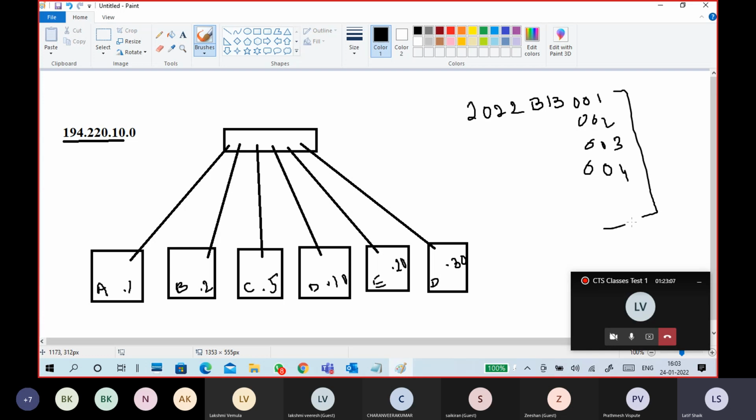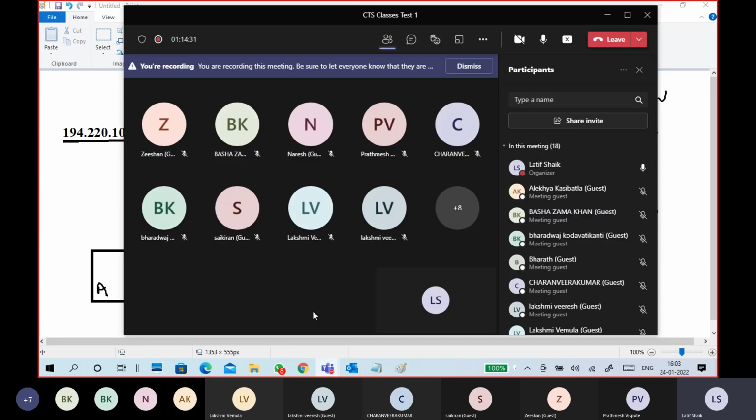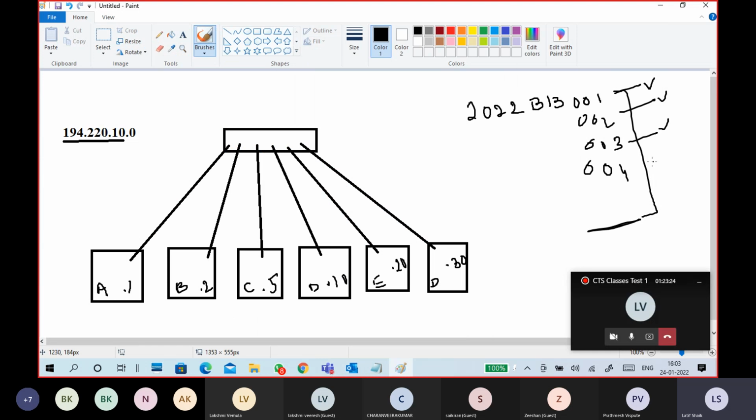I'm giving roll numbers. The numbers are changing, which identifies each person. For example, one for Sudhir, one for Pawan, and one for Lakshmi, Sai Kiran. So I gave roll numbers like this.